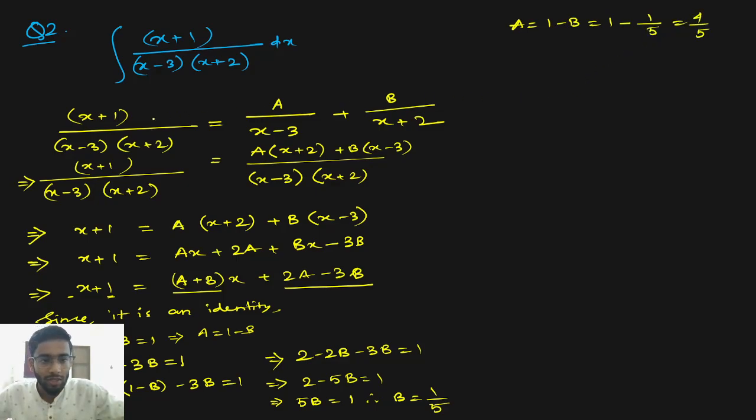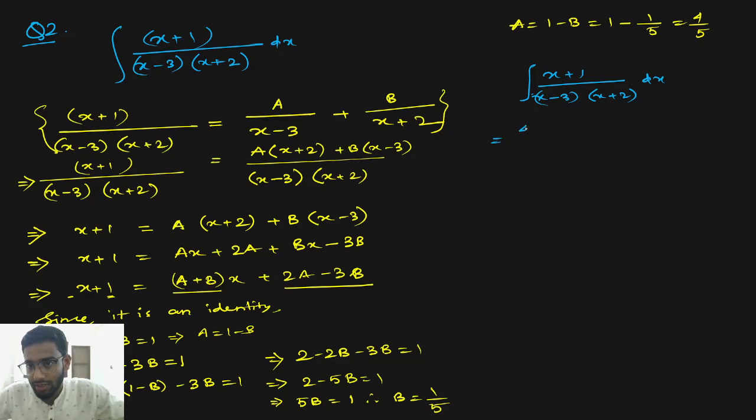Okay, now if you take that particular fraction, then we can easily put the value. Let me choose another color, it will be clearly visible. So if we now take the original fraction, x minus 3 and x plus 2, we know that value is nothing but a by x minus 3, where the value of a is 4 by 5.